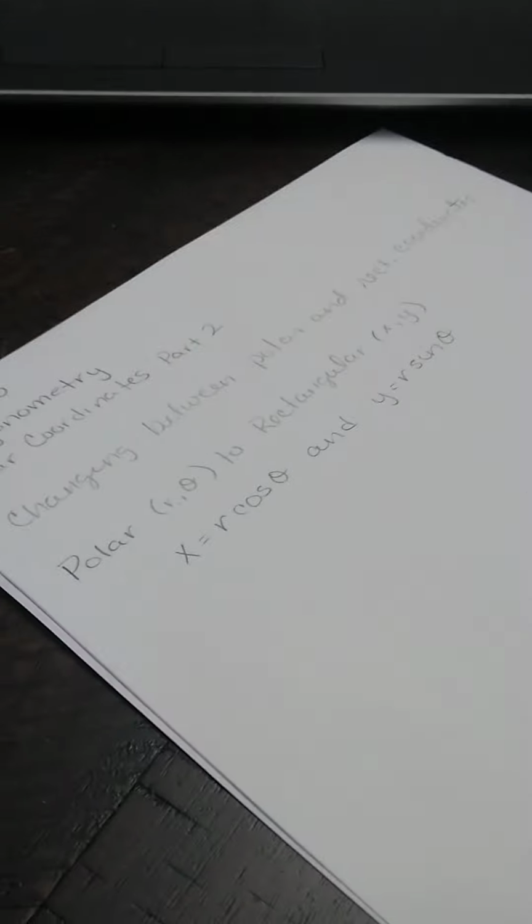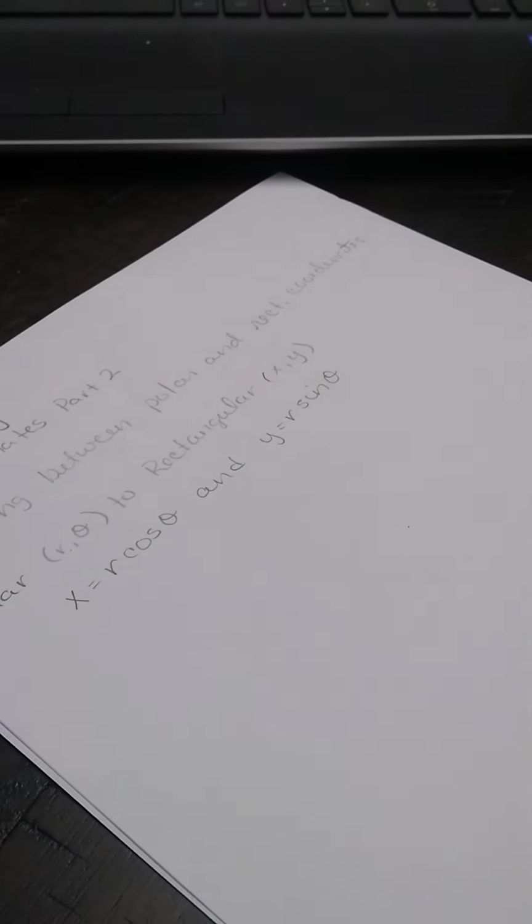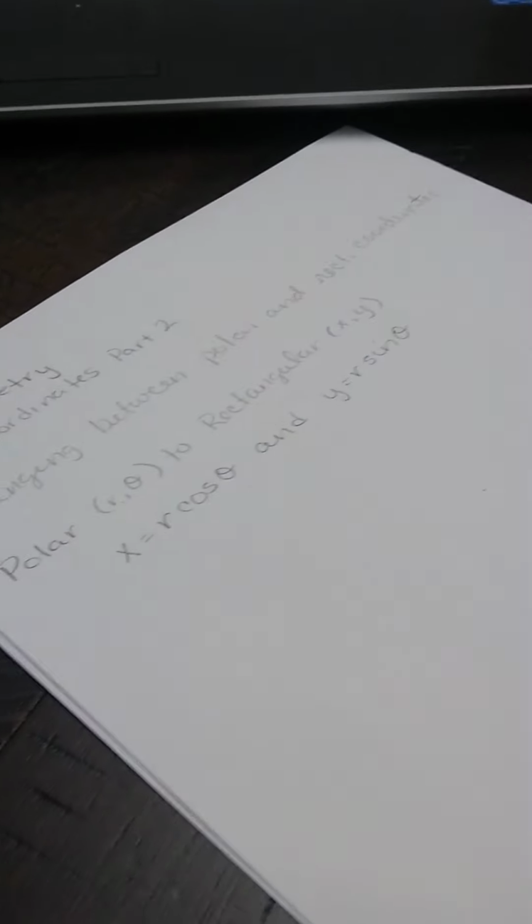Don't have my trusty calculator out, but I can get it out real quick. There we go. Okay, so all right, this might look familiar because x is cosine, y is sine. If you've remembered that, then this will be really easy for you.